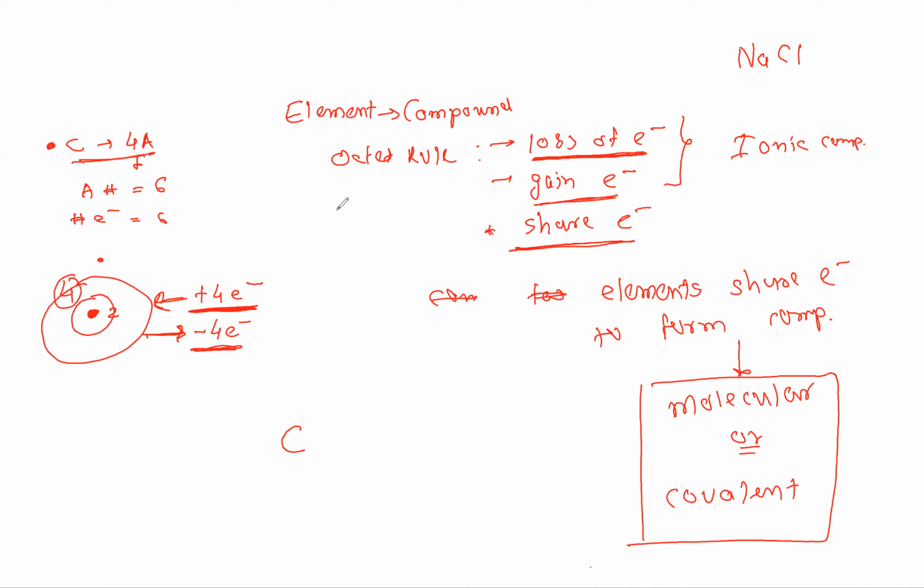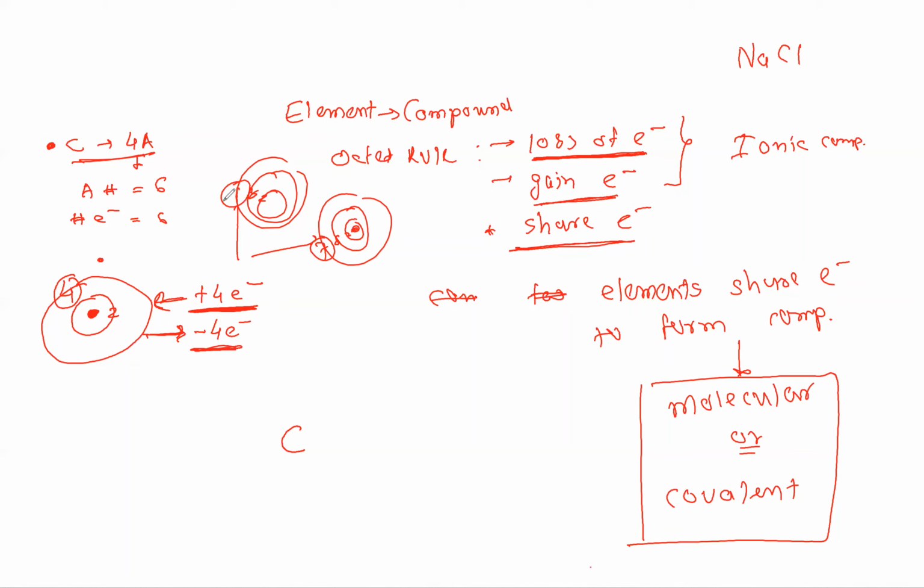The same way for NaCl, the Na has 2, 8, and 1. The 1 electron was involved in forming the compound. For Cl, it was 7 electrons, so it is this electron. What does it mean? It means all the outermost electrons are the ones which are involved in forming the compound.